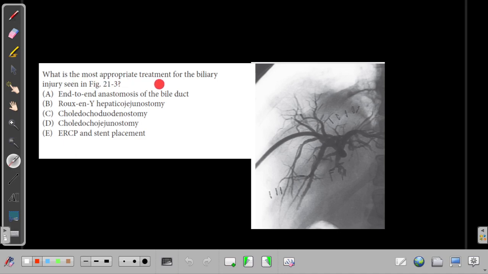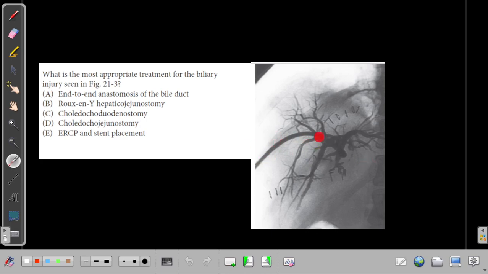What is the most appropriate treatment for the biliary injury seen? This guy did lap chole and he developed postoperative jaundice and pain. They did PTC for him.